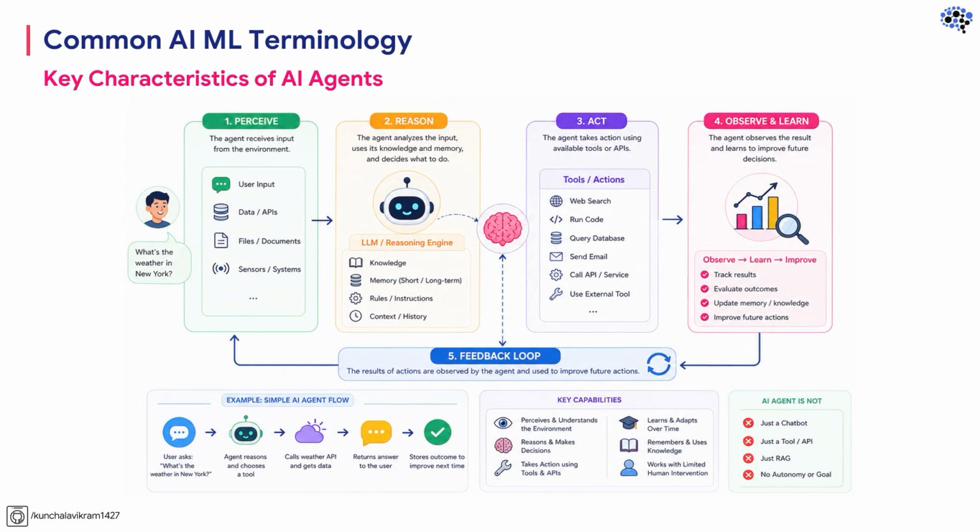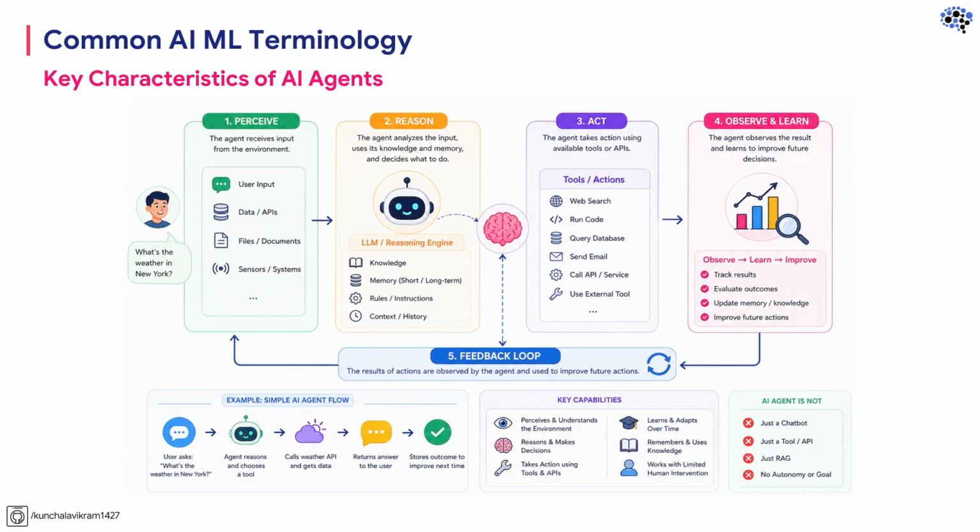So the AI agent analyzes the input and uses its knowledge and memory to decide what to do. The reason why memory is required is that maybe the agent is having a back and forth conversation, so it has to know what it has responded before in that session. So it can reason and then it can act by using MCP, so it can do something, right?